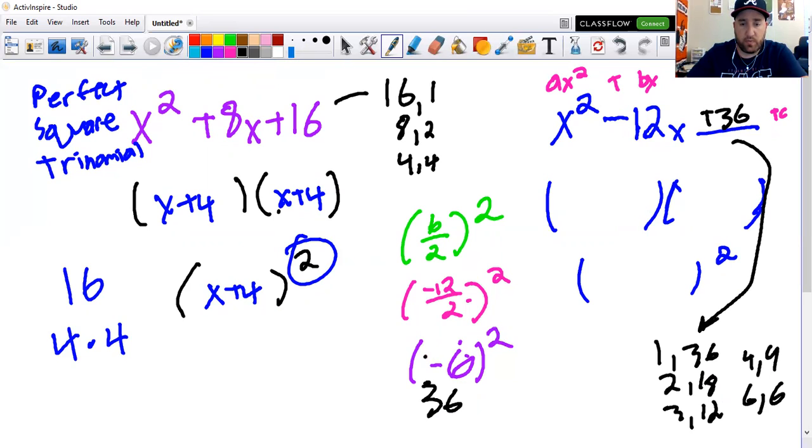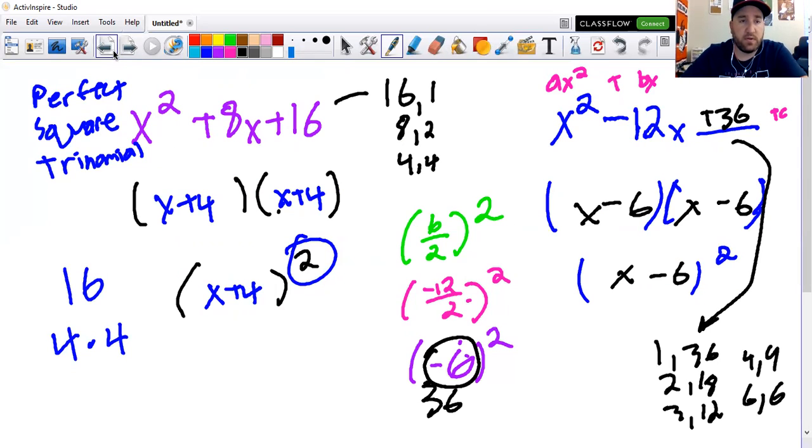But you can also say whatever this number is right before I square it, this is going to be my number that I fill in here, here, and here, okay? So again, moving forward, we're not going to have the 2 split out terms like this. It's just going to be with the 1 set of parentheses squared, but it still applies that that's where we put the negative 6.